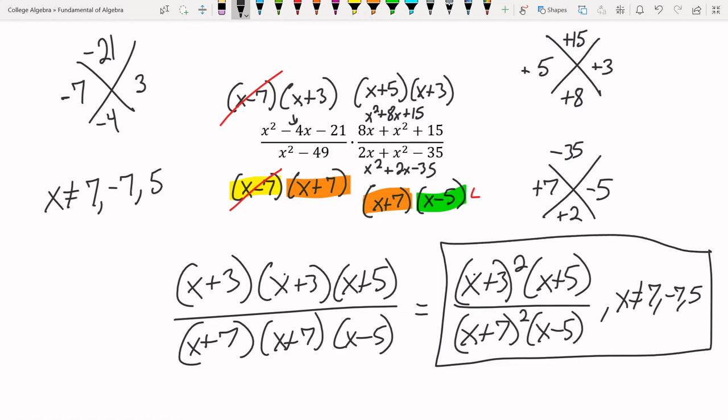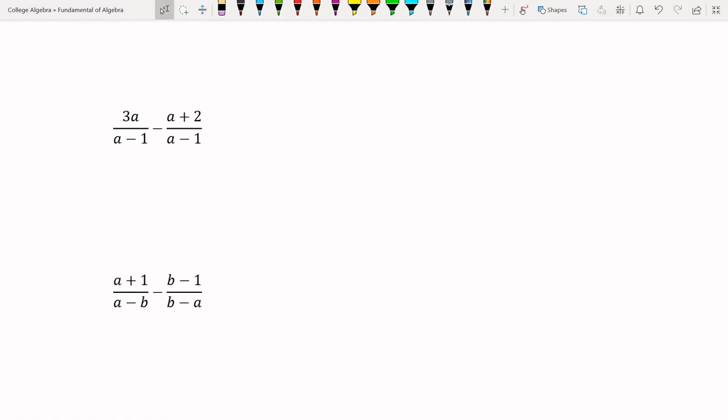And that is simplified. Okay, to add or subtract fractions, we always need to have common denominators. So that's the first step whenever you do rational expressions as well. We need to have common denominators. This top problem here already has common denominators of a minus 1.